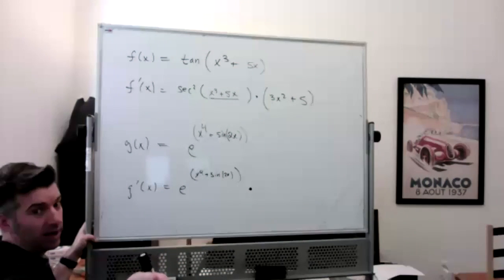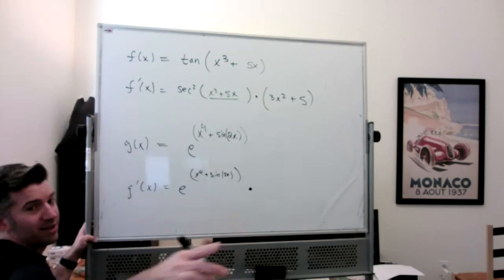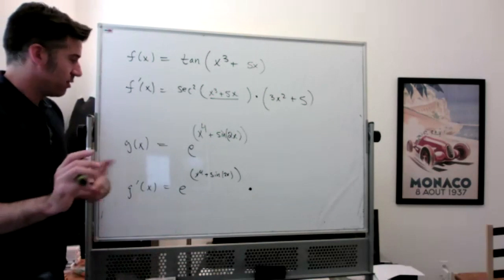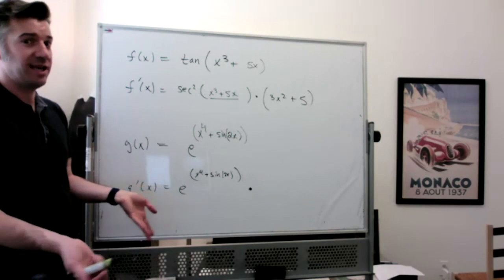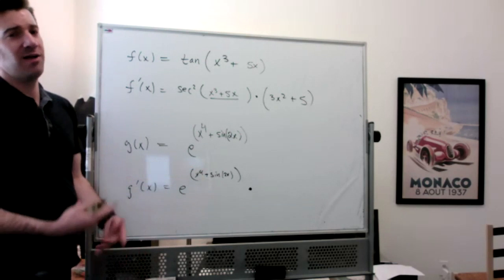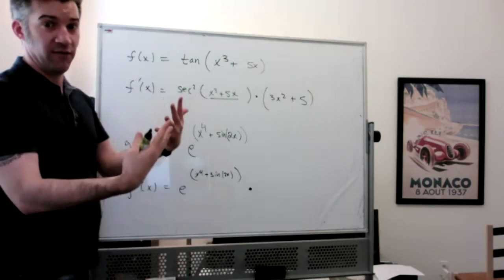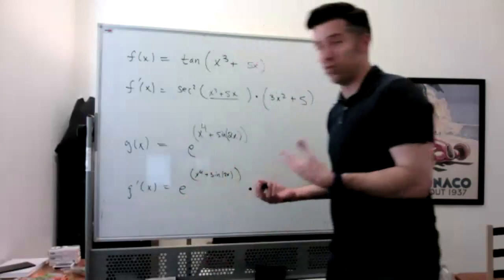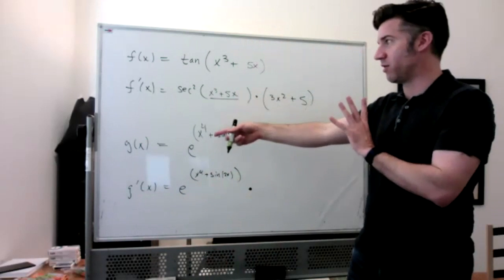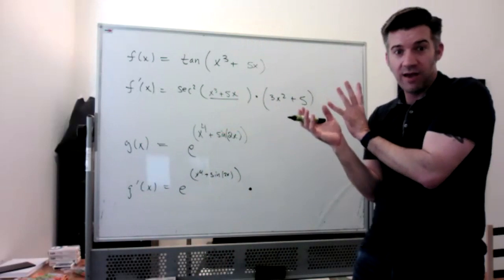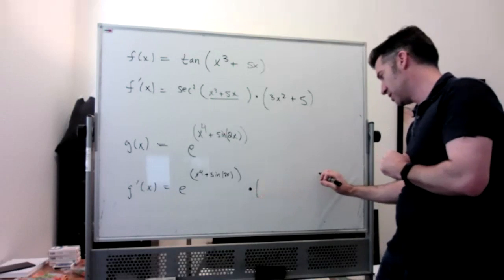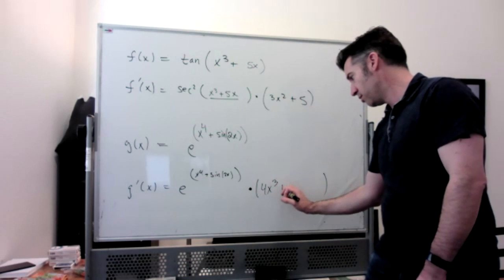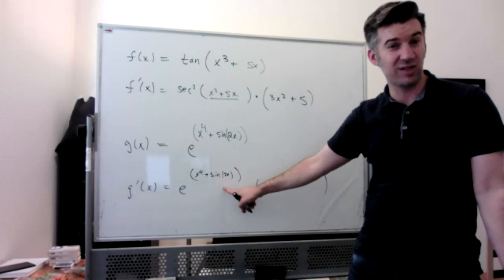You're mostly right. But the answer I'm generally hoping for is, if I say e to the stuff times, all I really am looking for is the derivative of the stuff, right? Because that's always what we want to do. If you're doing the chain rule, you always have to multiply by the derivative of the stuff, which is exactly 4x cubed plus, now the derivative of sine of 2x, we have to use the chain rule again.